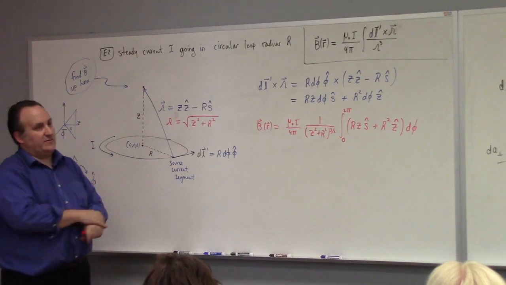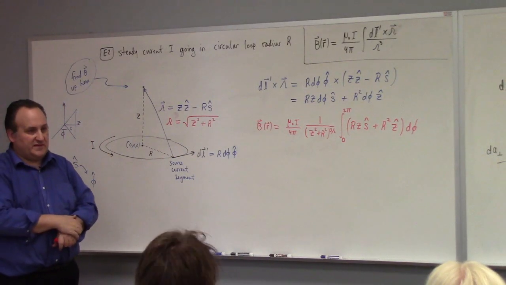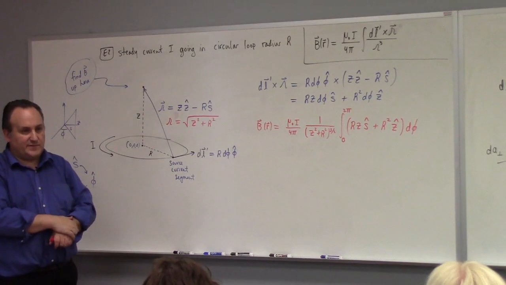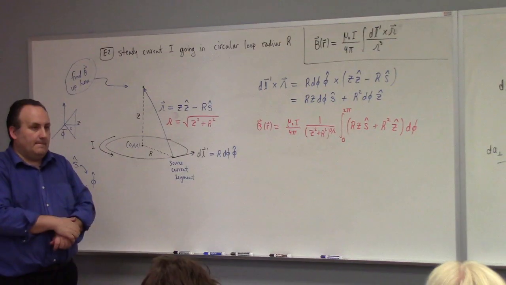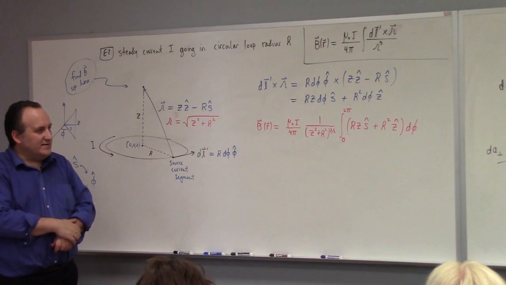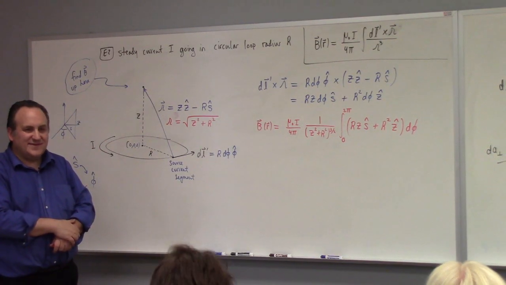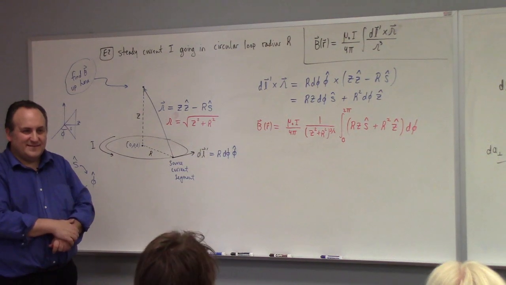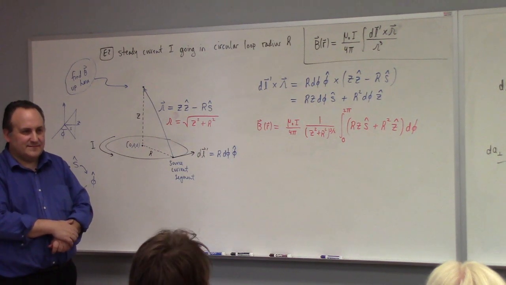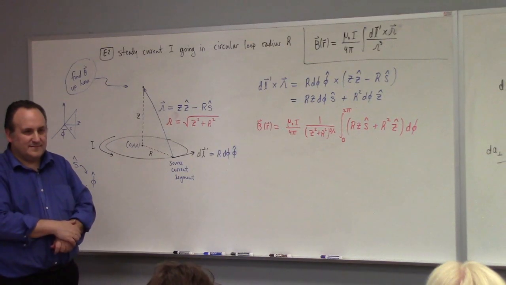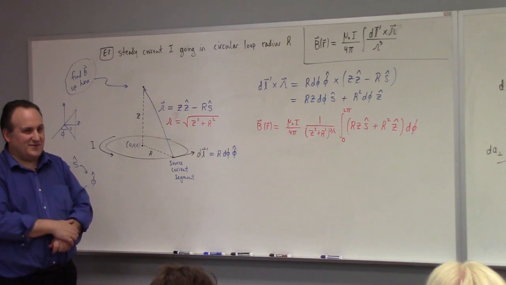What do we mean by that integral? We mean integrate over a parameterization of the object that describes the source current, right? And I've done that. What happens if we integrate s hat all the way around the circle, though? It integrates to 0, right?